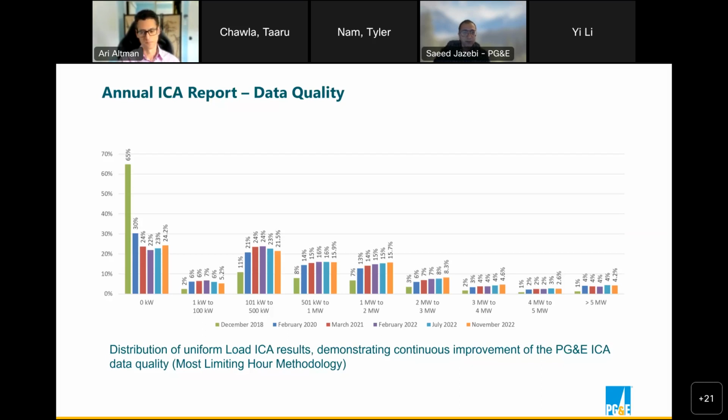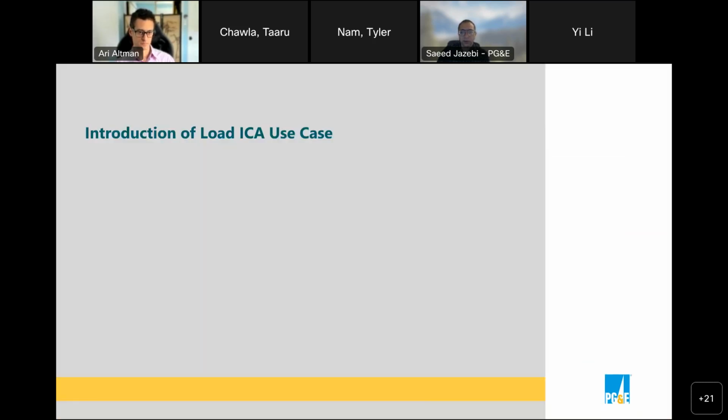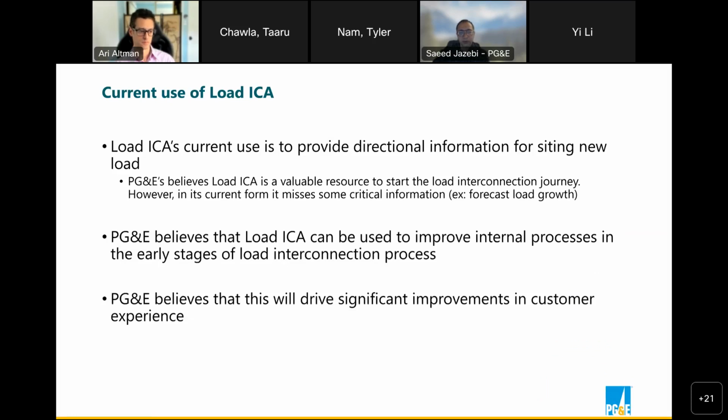However, as the evolution of PG&E ICA statistical distribution over time is steady, we think that this shows the robustness of our ICA process. So with that, we can move to the next slide where we talk about the current use case of load ICA and the proposed future use case.